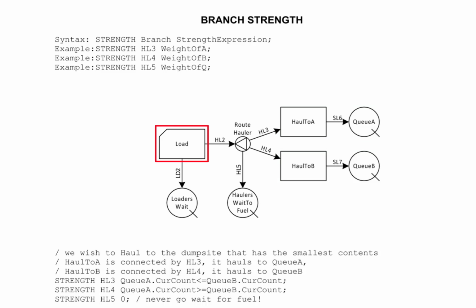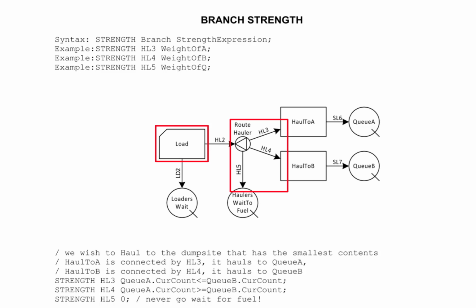When an instance of activity load terminates and before it releases any resources, it will send a message to route hauler to select an outgoing link. Route hauler will then evaluate the expressions for the strengths of the 3 outgoing links, and based on the defined expressions, either HL3 or HL4 will have the value 1, whereas the other will have the value 0.